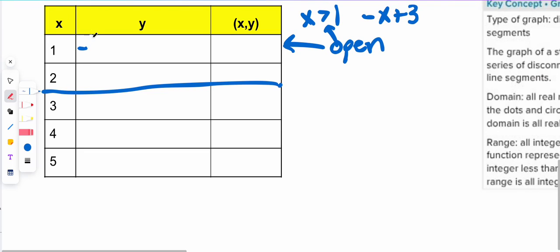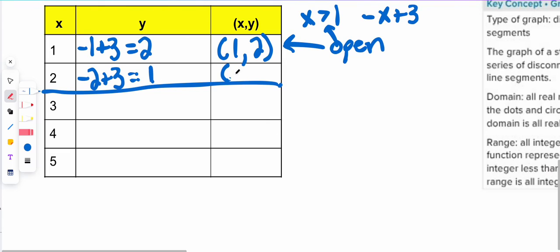So we have -x, so -1 plus 3. That gets me 2. So that point would be at 1, 2. I would have a -2 plus 3. That would leave me with 1. So that point's 2, 1. I'd plug in 3. So I get -3 plus 3. That gets me 0.